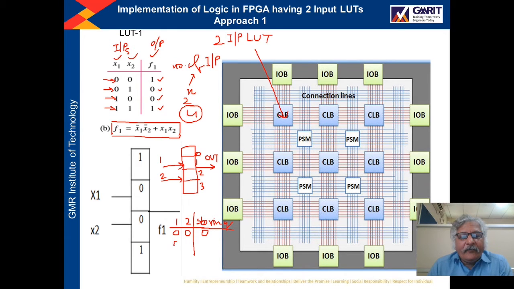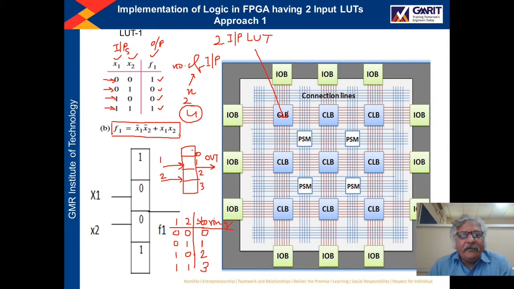And if we give input number 1 as 0 and input number 2 as 1, then storing place number 1 will be accessed. If we give input number 1 as 1, input number 2 as 0, then storing place number 2 will be accessed. And if I give input number 1 as 1, input number 2 as 1, then storing place number 3 will be active, and we can access the data from storing place number 3.